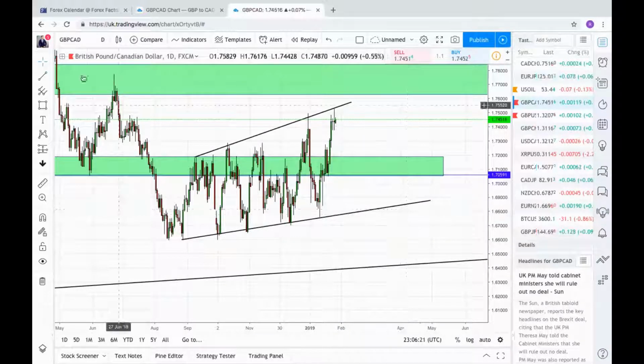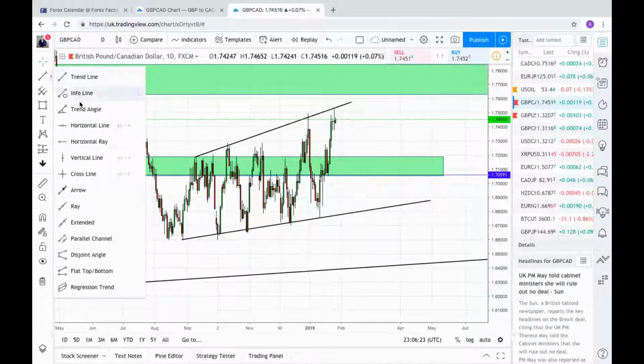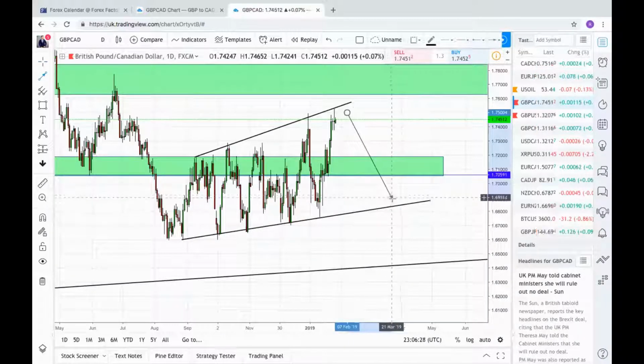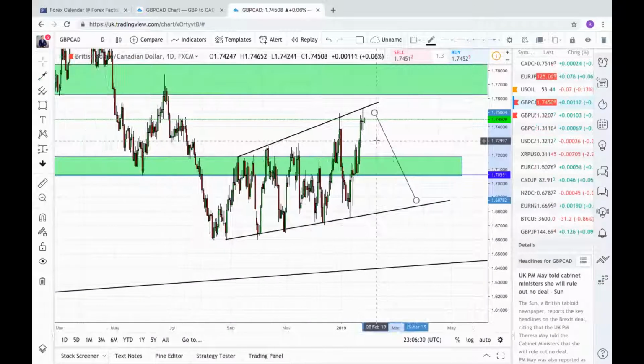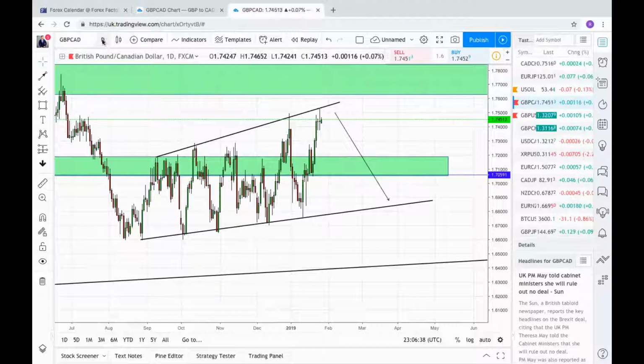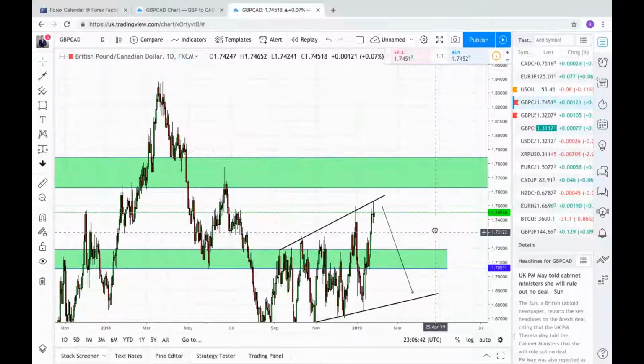This trend line could come into action again over the next couple of days, depending on price action and where the market decides to go. But as you can see, we've zoomed in from the monthly chart to the weekly chart and then into the daily chart, so you're finding different areas of support and different areas of resistance.